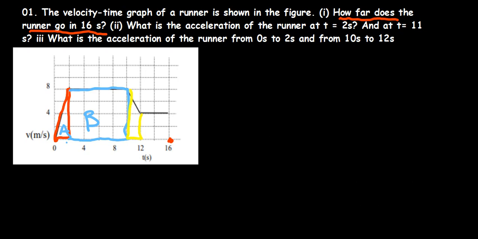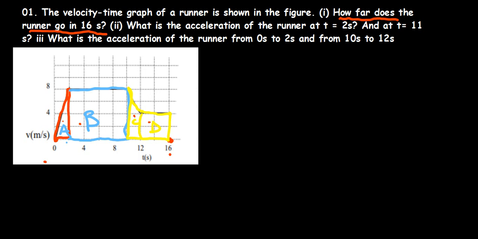It's a shape, so we are going to name that C. Then going to 16, we can also see a square there, so we are going to name this shape D. So we have 4 shapes. In order to find the total displacement from 0 seconds to 16, we are going to add the area of A, plus the area of B, plus the area of C, plus the area of D.